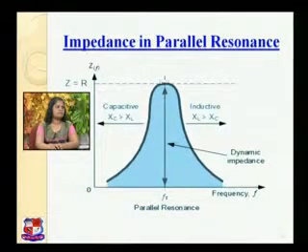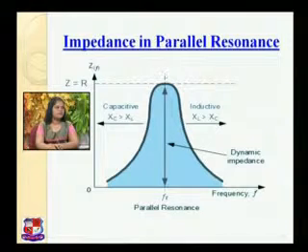Now this point indicates the point at which we get the resonant frequency Fr. So at this particular point the value of impedance Z is equal to R, which is maximum. So this indicates the maximum value of impedance.